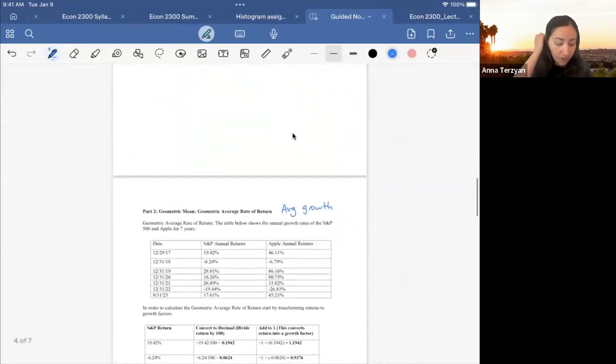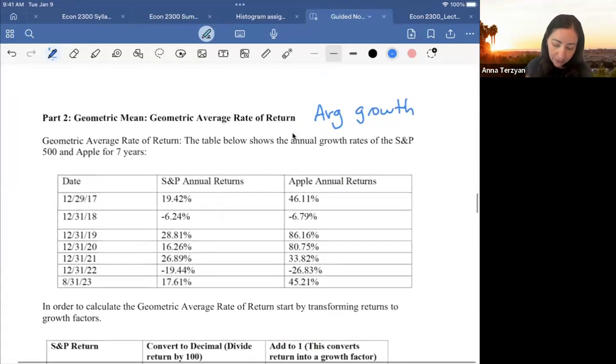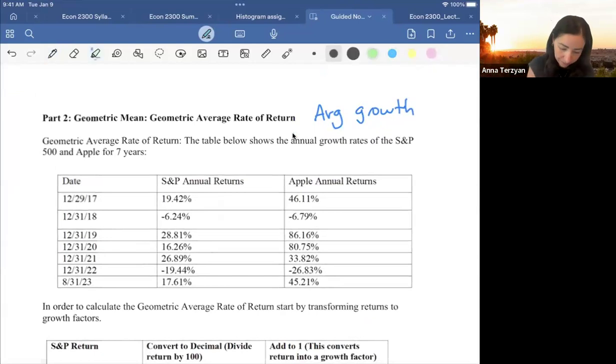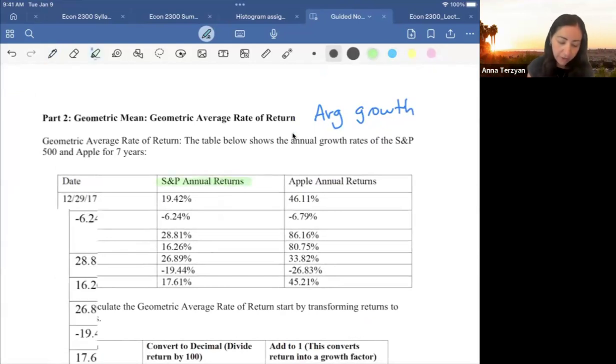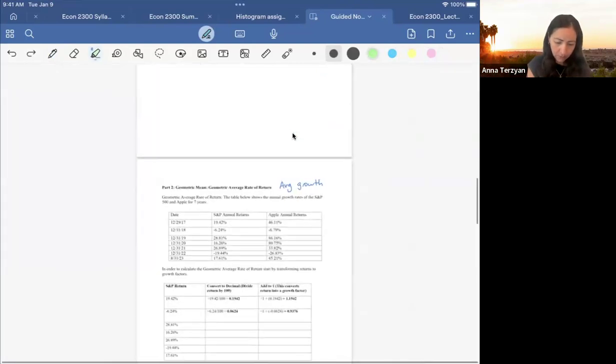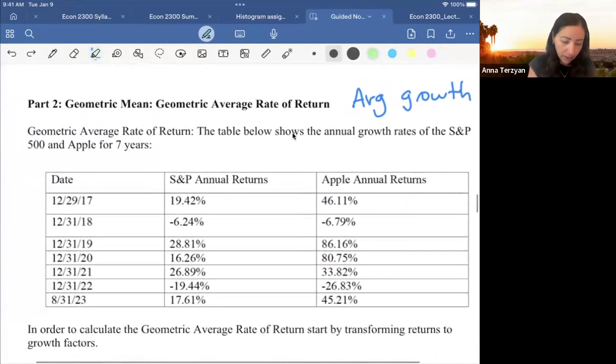Okay, so what we're going to do is this. We're going to look at calculating the average annual return for the S&P 500, for the years 2017, 2018, up to August 2023.